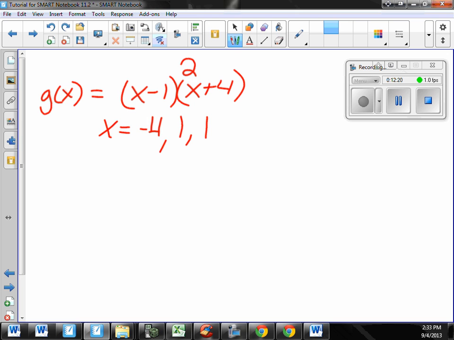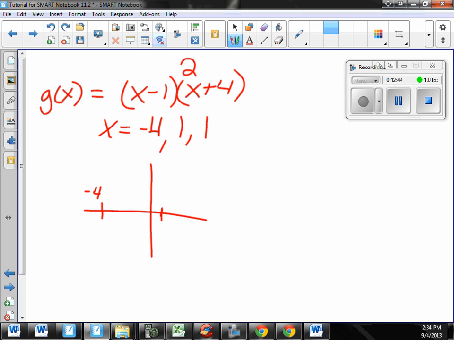So I have two x minus 1s. So we know when there's a double root, the graph is going to bounce off the axis and change directions. The question is, what direction was it moving in to begin with? Well, we need to look at the graph. So -4 is over here, and then 1 is right there.